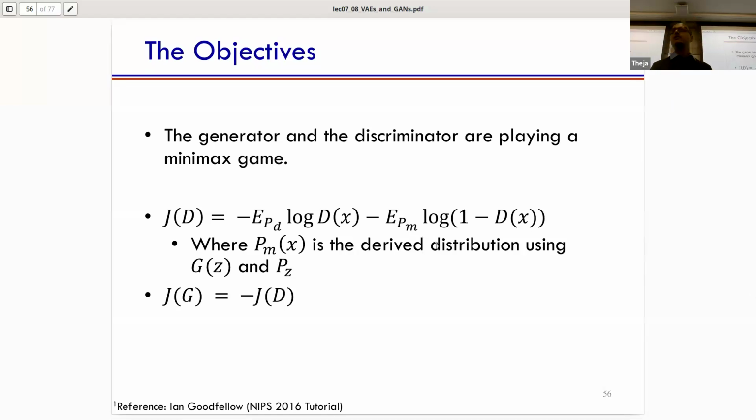So if the discriminator is producing a number close to 0, then 1 minus that number is close to 1. So log of that number is going to be very small. And so the loss, if the discriminator produces a number close to 0, is going to be small.